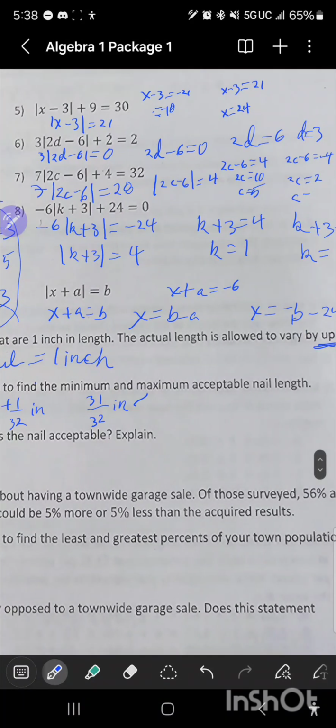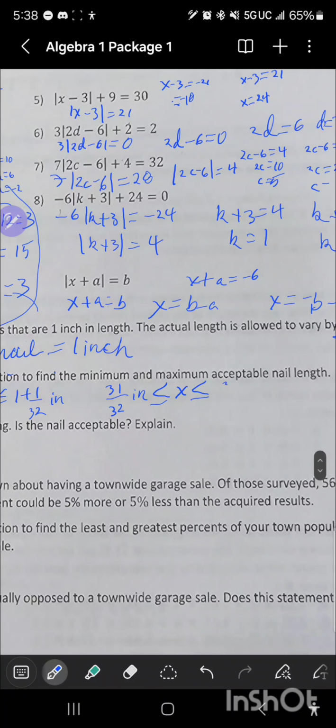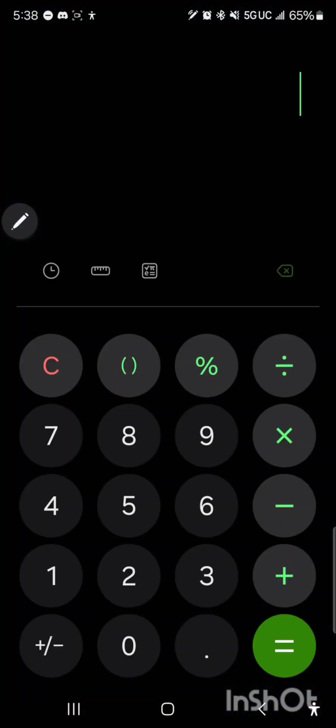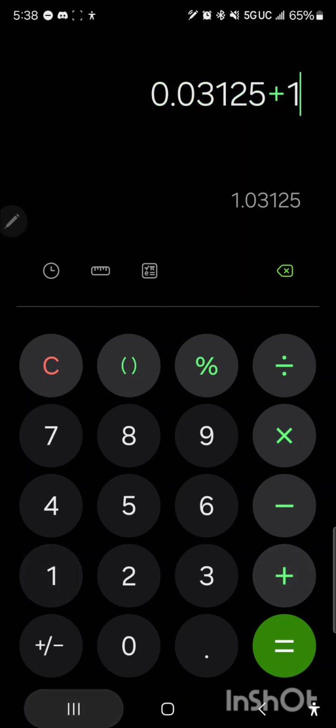And this is going to be less than or equal to x, which is the actual length, less than or equal to 1 plus 1 over 32, which is 33 over 32 inches. If we want the rounding, we can use 1 divided by 32 plus 1.